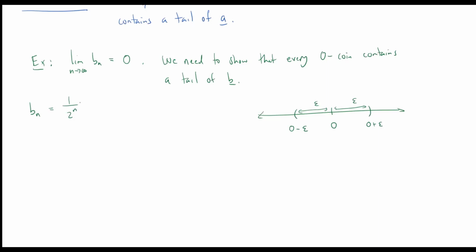Is there some number that I could put up here to guarantee that 1 over 2 to the n will be in this interval? Because I'm looking for a tail, I need to go out far enough. So how big must n be such that 1 over 2 to the n is in, well, 0 minus epsilon is just negative epsilon, and 0 plus epsilon is epsilon, so is in negative epsilon to epsilon.